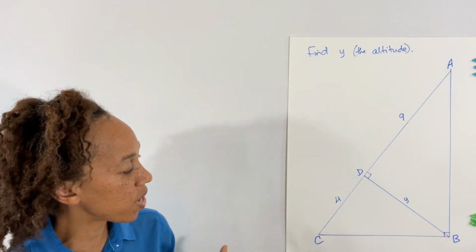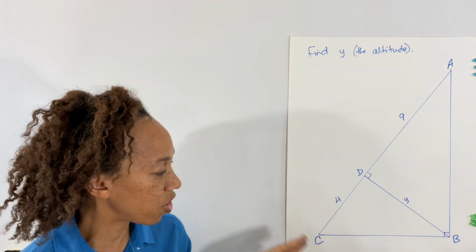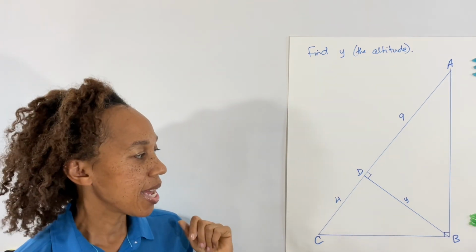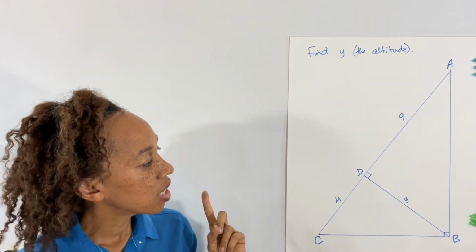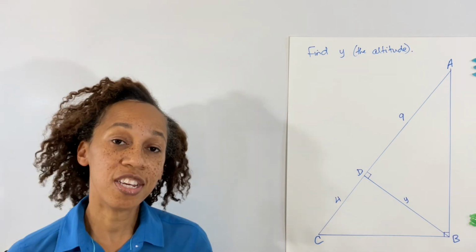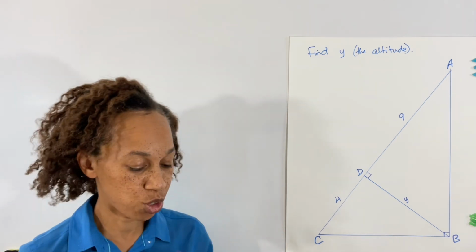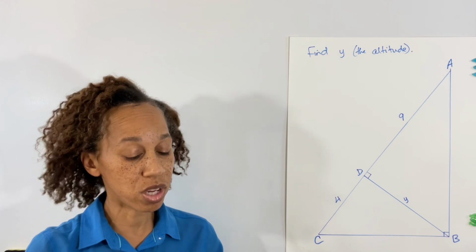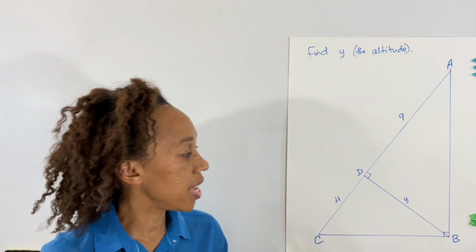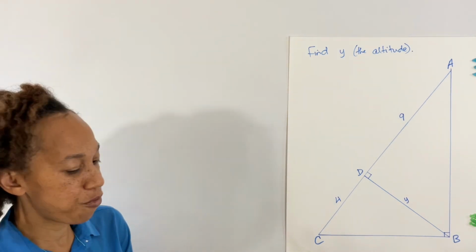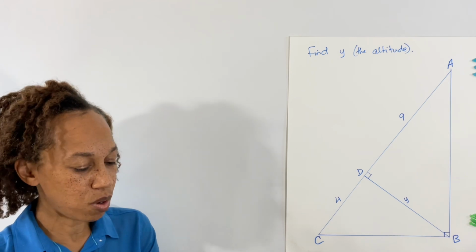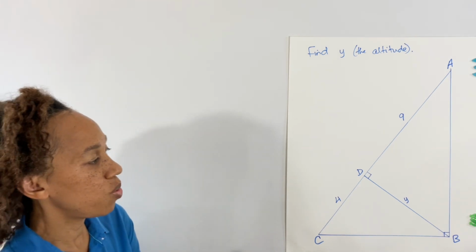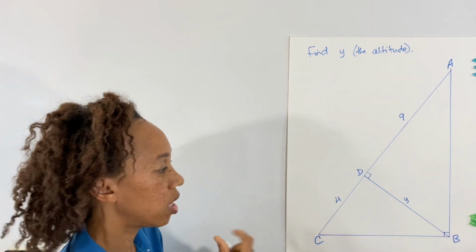So our first example here is that you're given the triangle ABC and you're asked to find the altitude, which is y, on this given triangle. So we are going to use a ratio to find this triangle. But as I stated before, always label your triangles, and so you will get an idea of what to do.